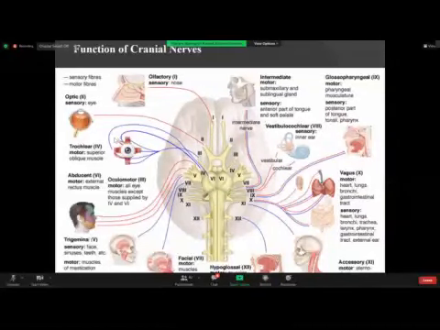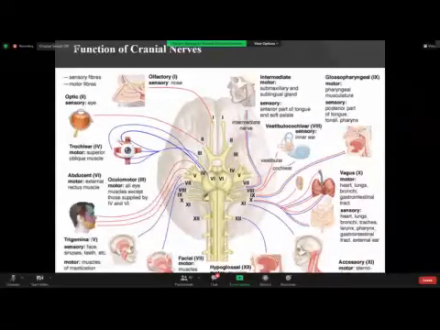Okay, and then you have, if I can find it correctly, abducens, which is the external rectus muscle. You have the oculomotor, which is present over here. This is all of the eye movements except the ones that are controlled by abducens and trochlear.